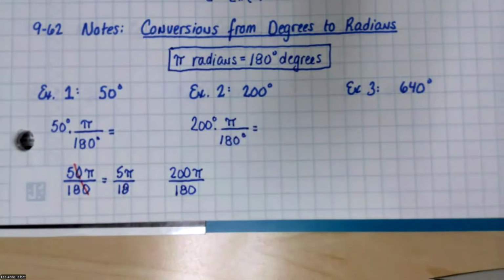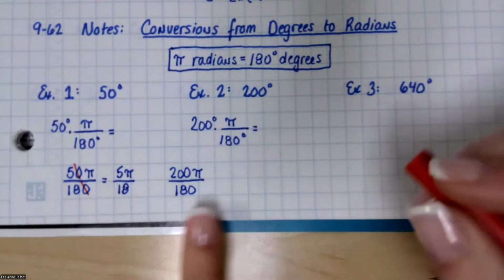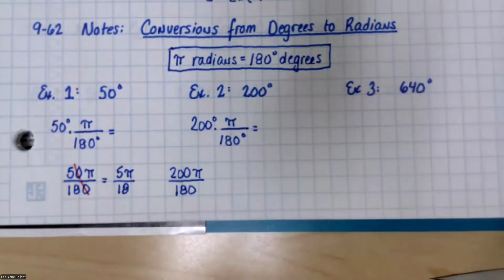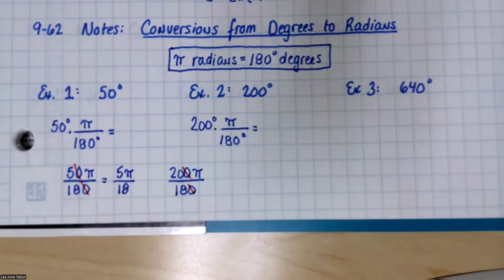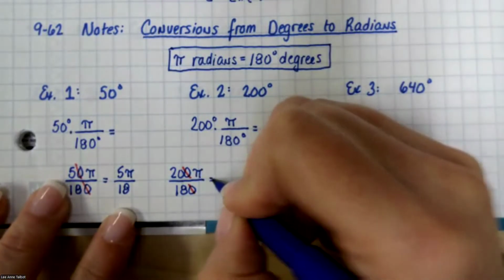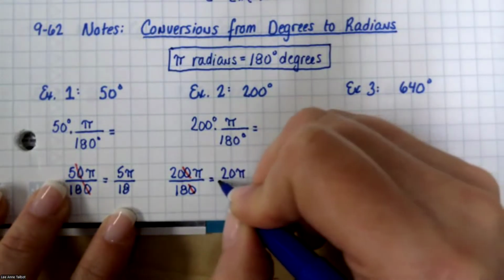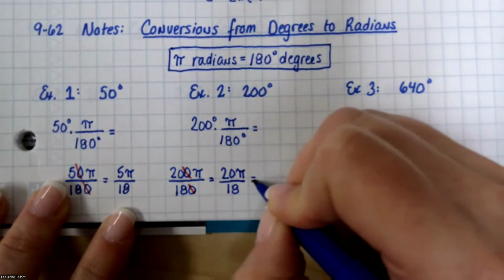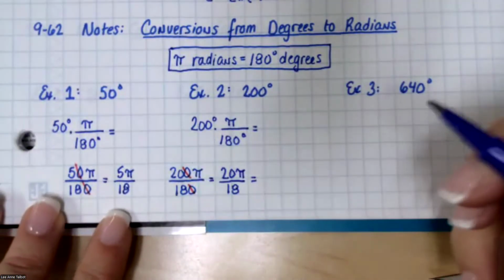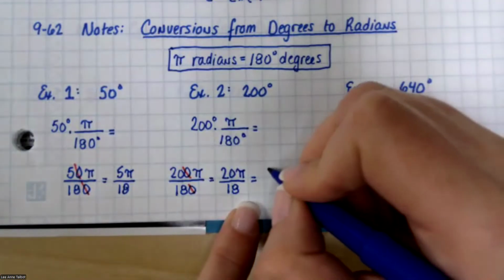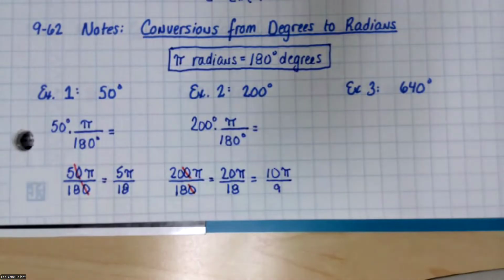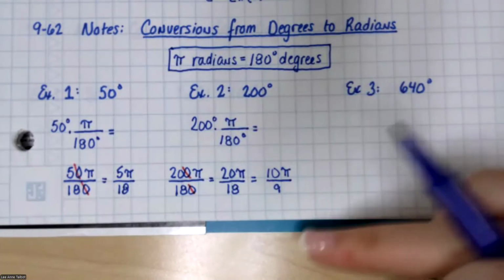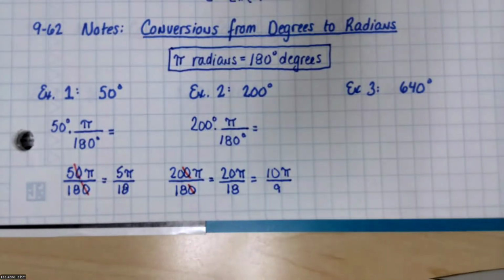Okay, now if I'm doing this problem, I'm going to simplify it in 2 steps. You can do it in 1 step if your brain is that good. Mine is not. So the first thing I'm going to do is reduce it by a factor of 10 by canceling out the zeros. And then I notice they're both even, so I'm going to divide them both by 2. So 200 degrees, it's at 10 pi over 9 radians on the unit circle.